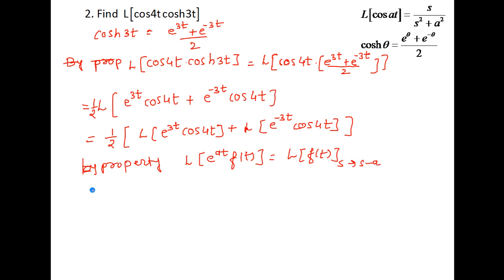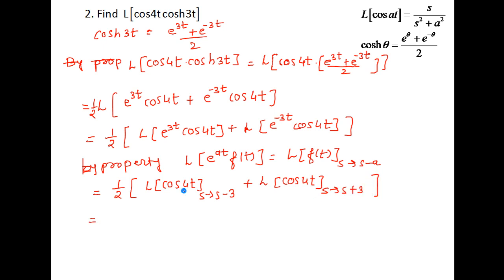So using this property in our example, we can write 1 by 2 Laplace of cos 4t. Now here it is 3, so s is replaced by s minus 3, plus Laplace of again cos 4t, and here, now this is minus 3, so s is replaced by s plus 3.